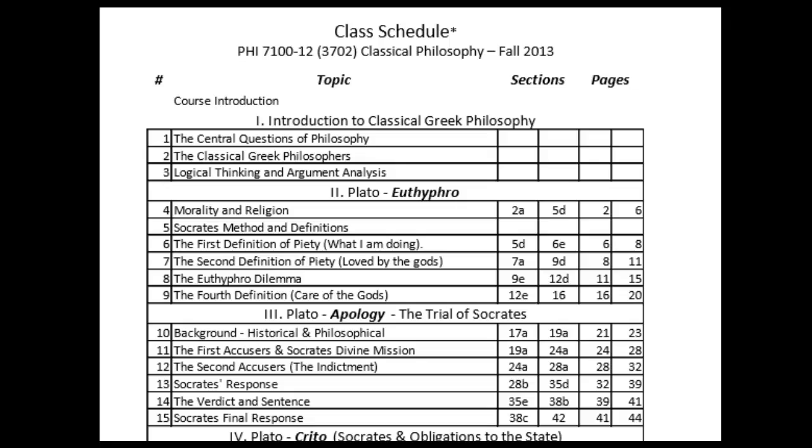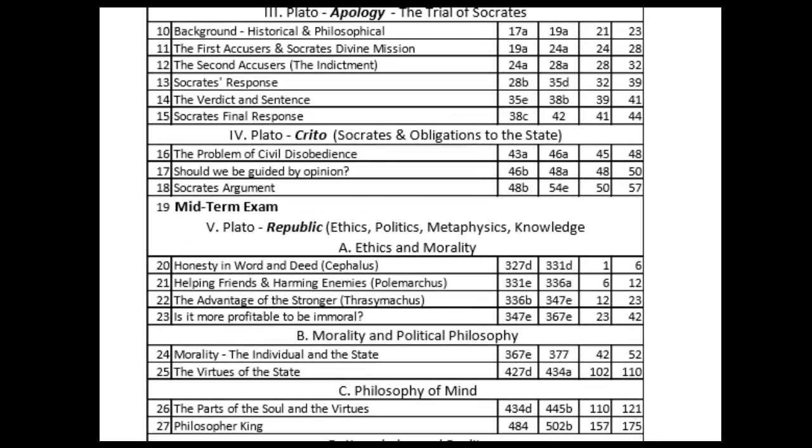As we move down a little bit, let me scroll up a little bit for you. Having gone through that, we're going to look at some of the arguments that they give for his conviction and against his conviction, and we're going to be analyzing them. Are they good arguments? Are they not?